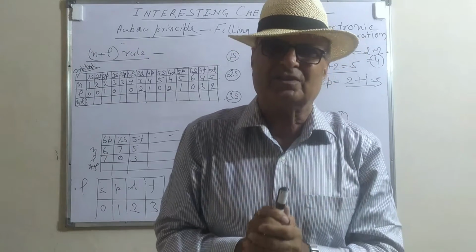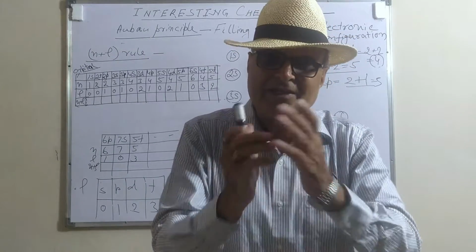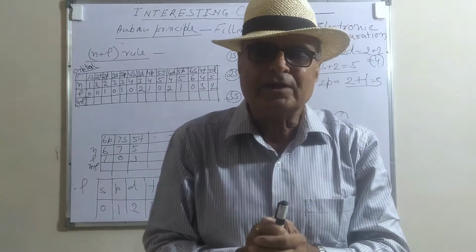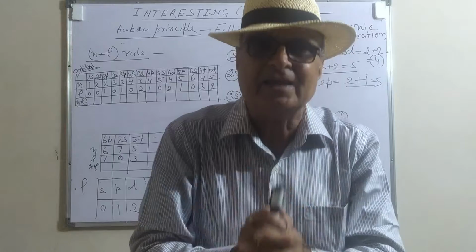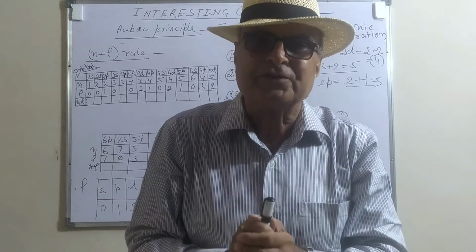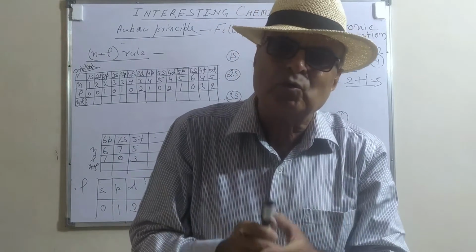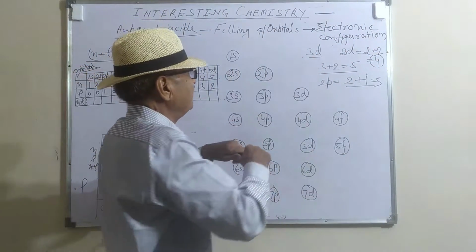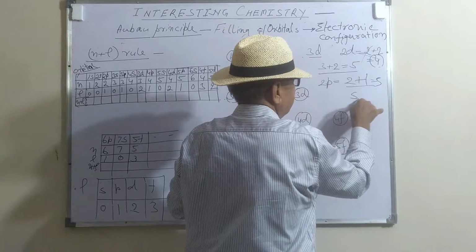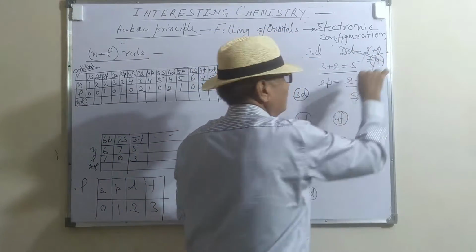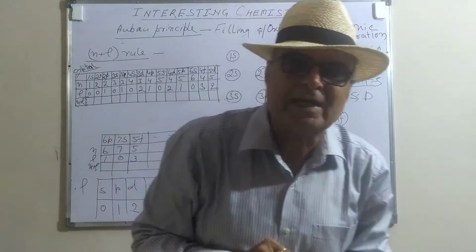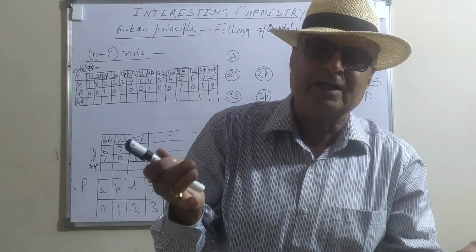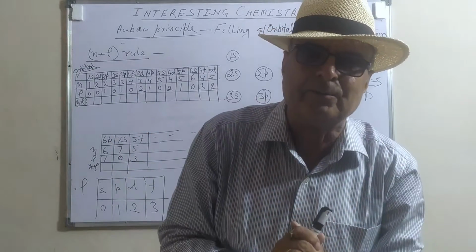But think about this. Is 2D present in the second shell, the second orbit? No, the second shell will have only S and P. So you should know it is impossible to calculate the value of 2D because 2D doesn't exist in an atom.